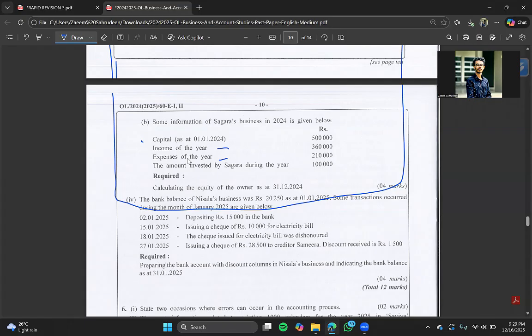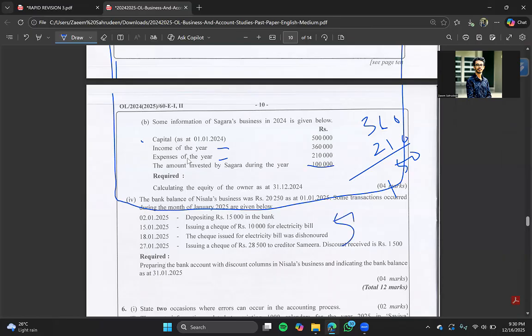From 360,000 you have to deduct 210,000, so you will get 150,000. Then that 150 plus there is this 100,000 additional capital.